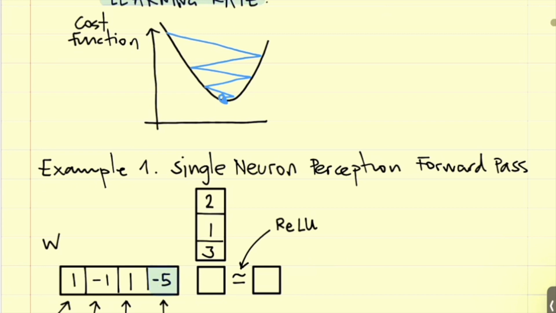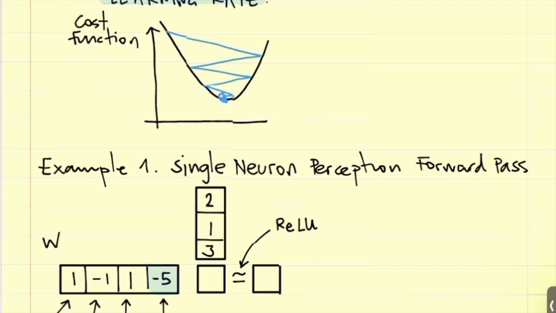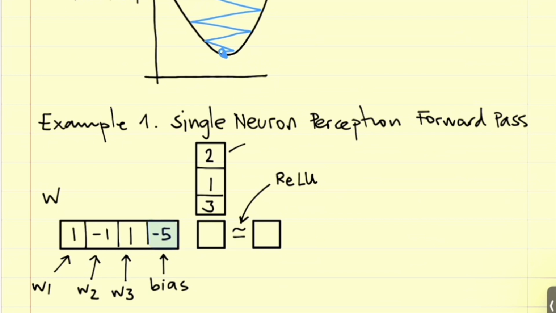You don't need to do it, but I recommend it. Okay? So how do we do it? This is x1, x2, x3. Simple math: x1 times w1 plus x2 times w2 plus x3 times w3 plus bias.